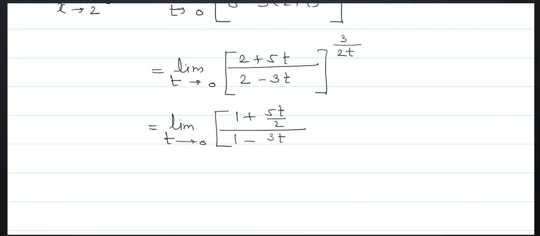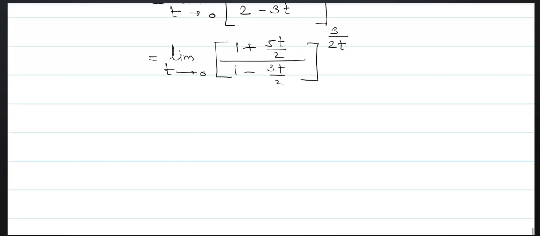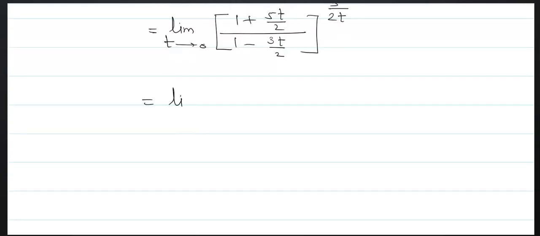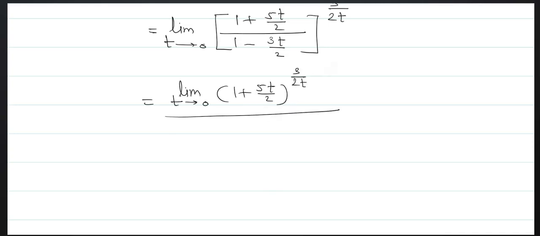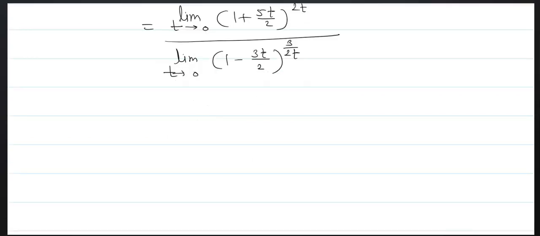Divide numerator and denominator by 2. That is (1 plus 5t upon 2) upon (1 minus 3t upon 2), whole bracket raised to 3 upon 2t. Limit t tends to 0 of (1 plus 5t upon 2) bracket raised to 3 upon 2t, times limit t tends to 0 of (1 minus 3t upon 2) bracket raised to 3 upon 2t.